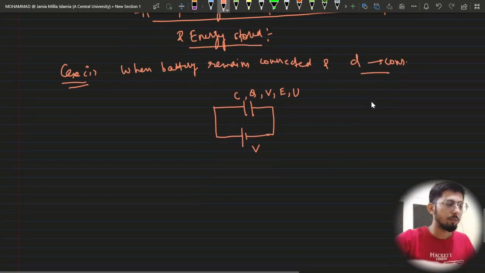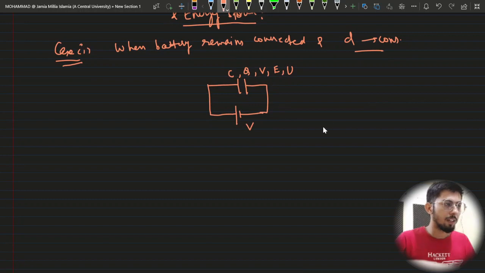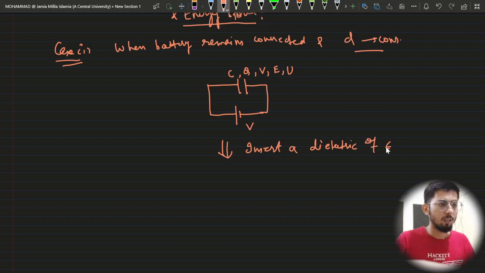Now what we are going to do is insert a dielectric, or you can say an insulator, of epsilon r inside the capacitor with the battery still connected to the capacitor. The source voltage is still connected.